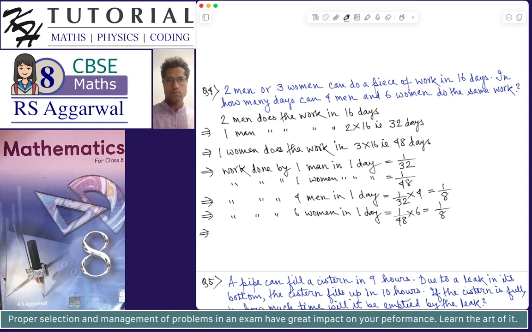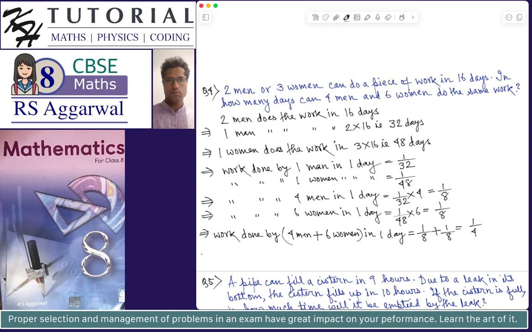So this implies the work done by 4 men plus 6 women in one day will be equal to 1 by 8 plus 1 by 8, which is equal to 1 by 4. So in one day, the amount of work done by 4 men and 6 women is equal to 1 by 4.